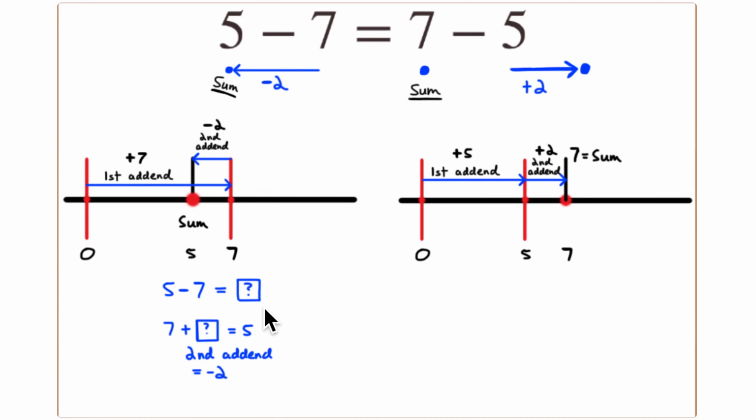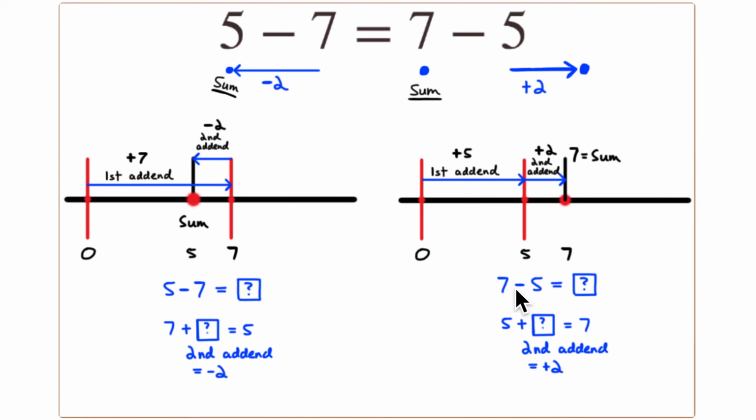So 5 minus 7, the corresponding addition fact is 7 plus what number equals 5? 7 plus a negative 2 equals 5. This one is 7 minus 5. The corresponding addition problem is 5 plus what number equals 7. So notice the sum in this case is 5, this number right here.